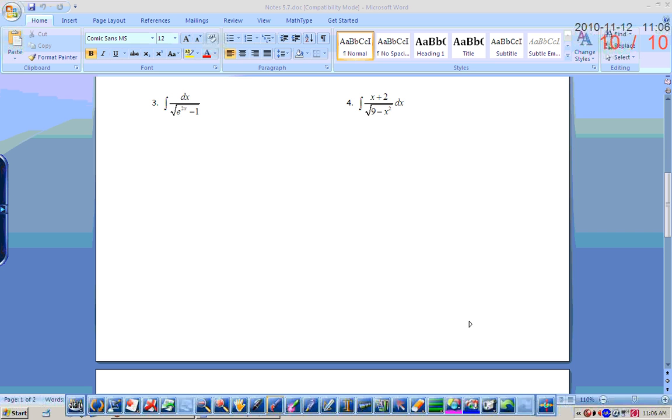Okay, 3. What does that one look most like? The first one? Okay, the first one is arc sine, and on the bottom you have the square root of a squared minus u squared for arc sine, where a is the constant and u is the variable. But now we have the variable squared minus the constant squared.